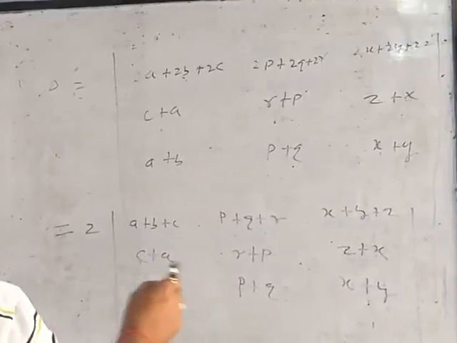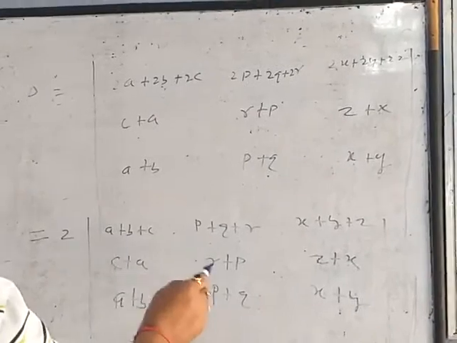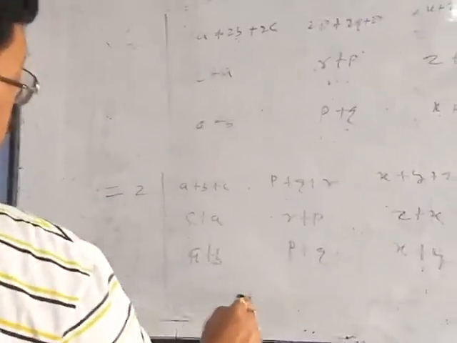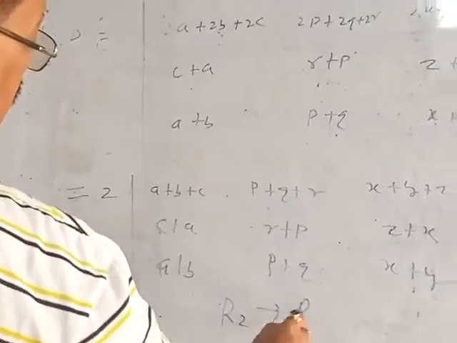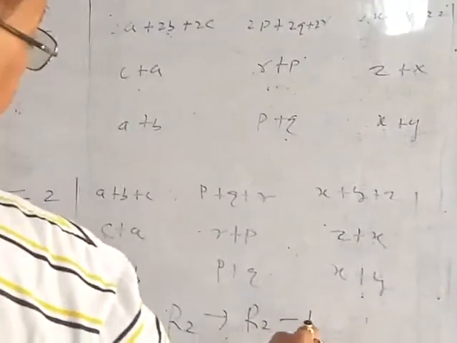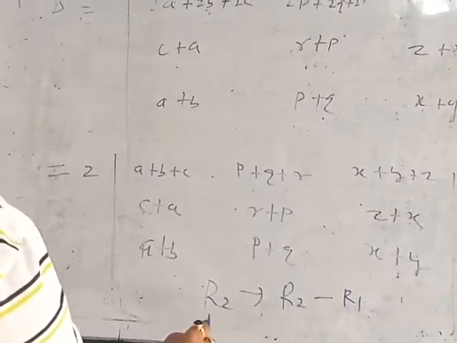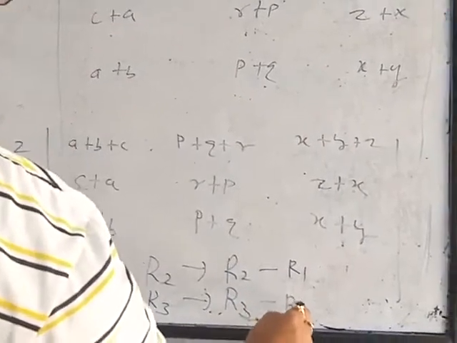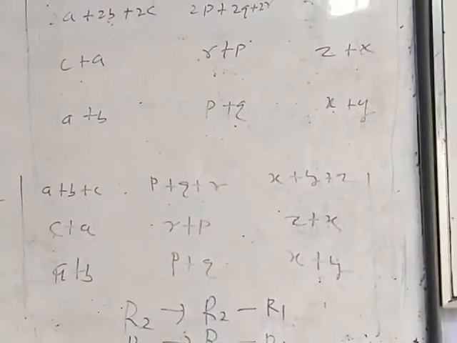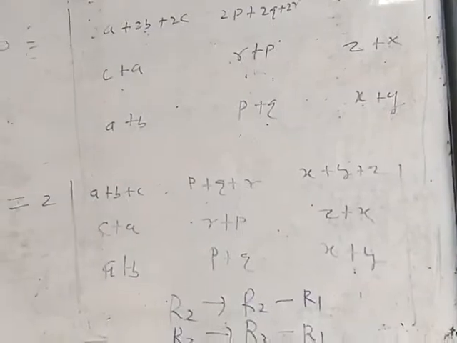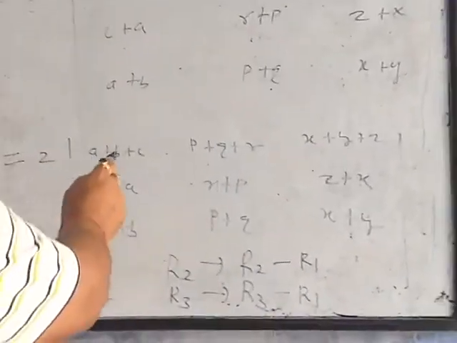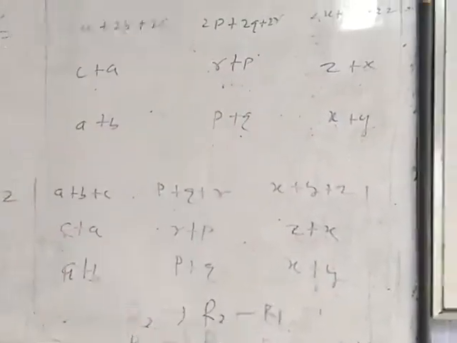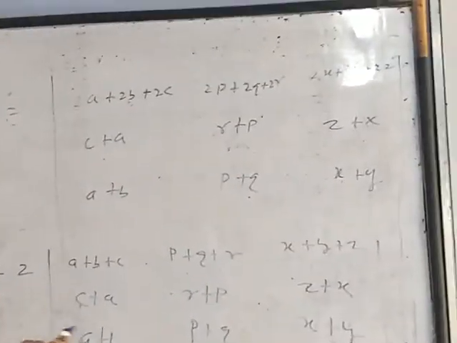So you do R2 is changed into R2 minus R1, and R3 is changed into R3 minus R1. You apply this operation. R2 is changed into R2 minus R1. In this way, we can get B this side. Here we can get C.